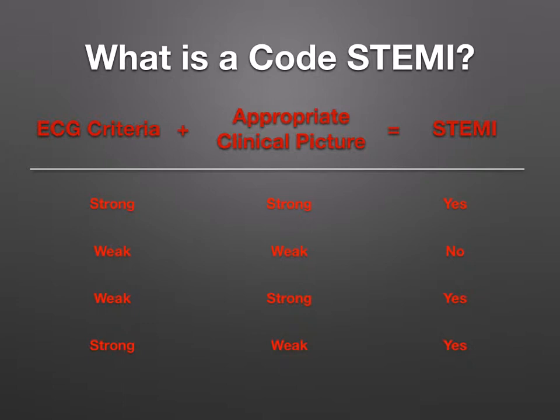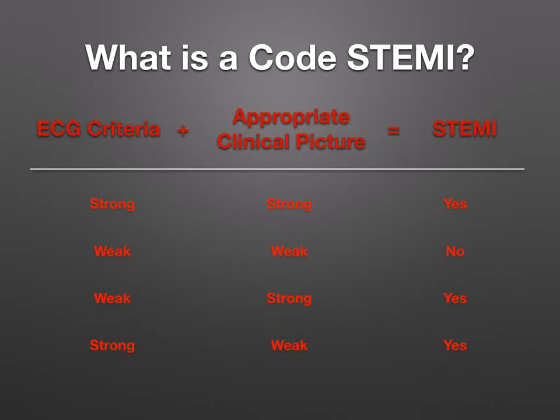It's the cases in between that are difficult. It's these next two. So let's say we have a patient that does not have chest pain. Can this be a STEMI? While it is much, much less likely that it's a STEMI, it isn't impossible. We can call a code STEMI for a patient without chest pain, but we'd better have some type of symptoms that we can attribute to myocardial ischemia.